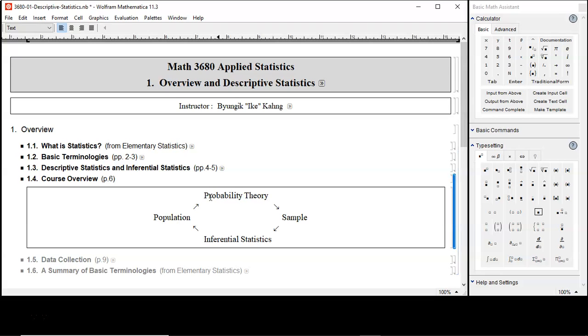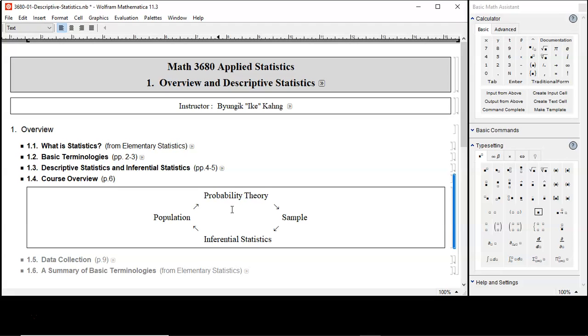From population, we get sample, but the key theory is probability theory. That's the theoretical background of the randomness and all those kinds of things. So, how do we understand the uncertainty? Through probability theory. That's something we are going to focus upon in the first half of the course.